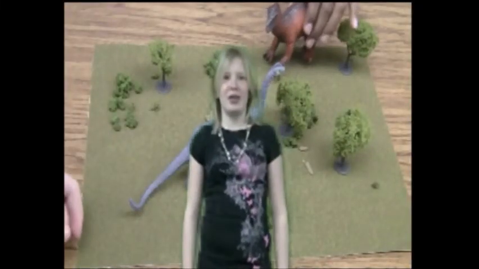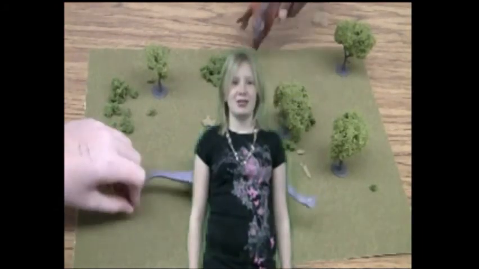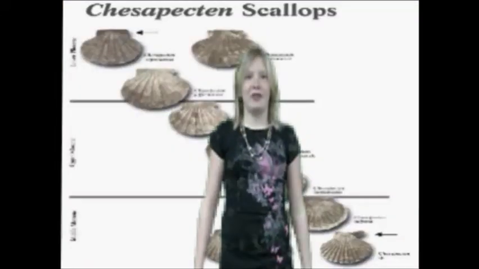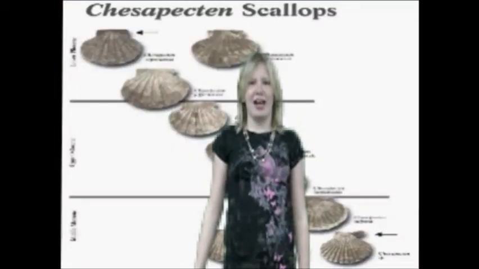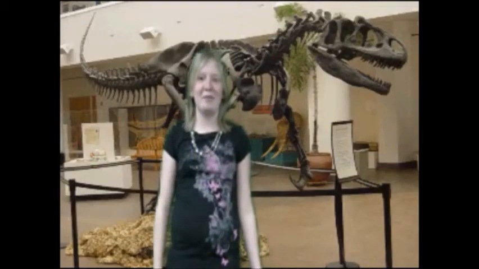Most fossils form when living things die and are buried in sediment. The sediment slowly hardens into rock and preserves the shape of the organism. And the fossil record shows how organisms have evolved over time. And those are the main points.